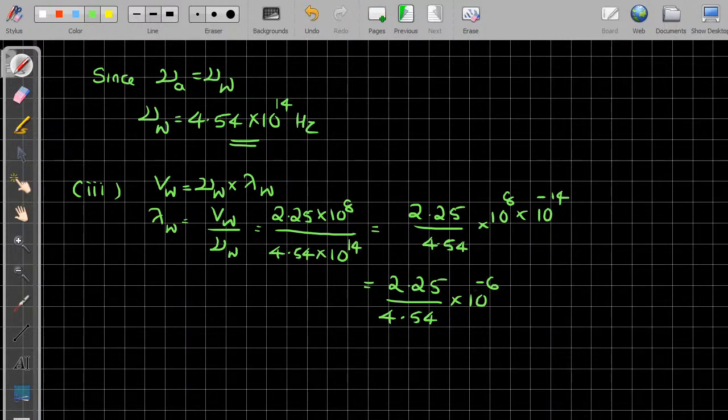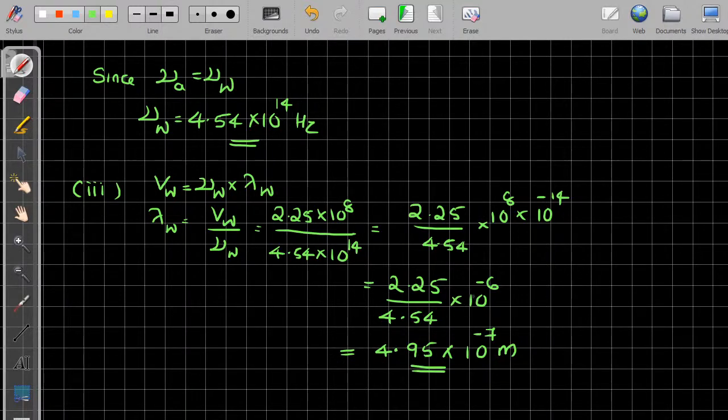Okay, now if you solve this, you will get the answer as 4.95 into 10 raised to minus 7 meter. Now 2.25 divided by 4.54 you will get 0.495.